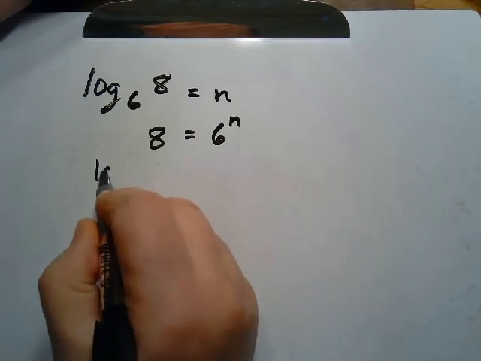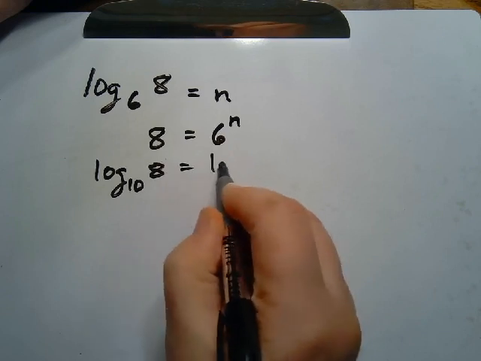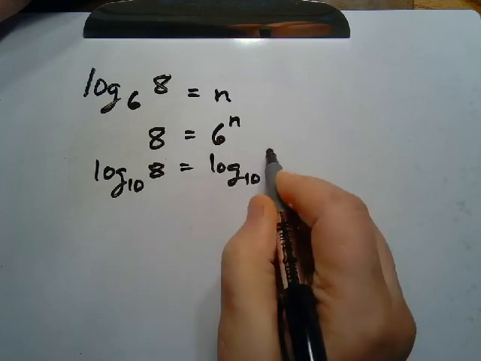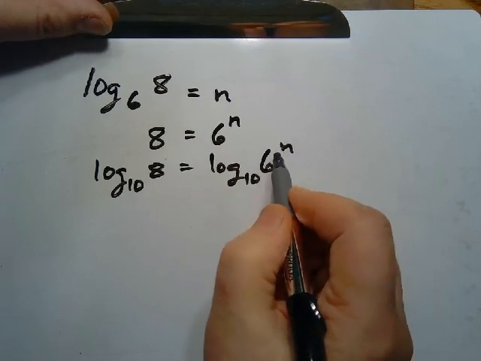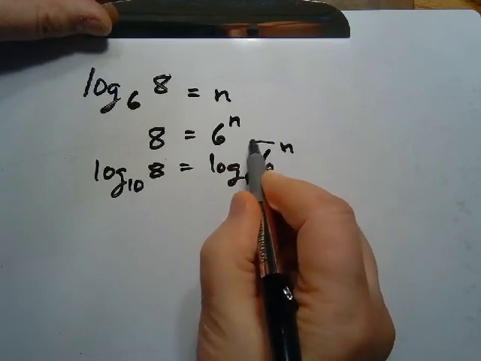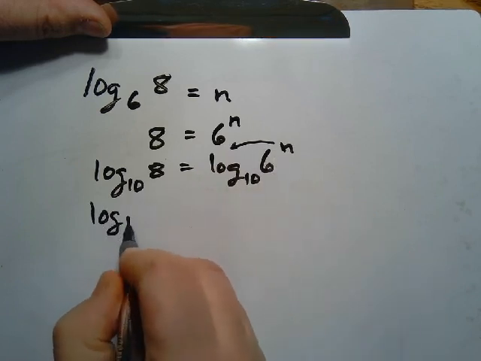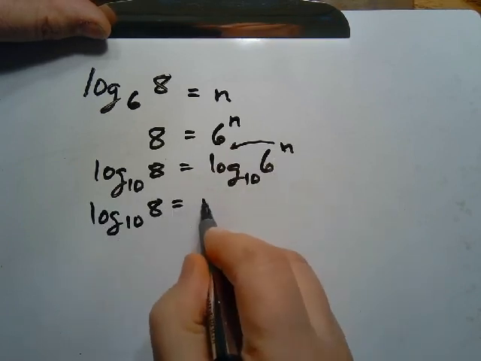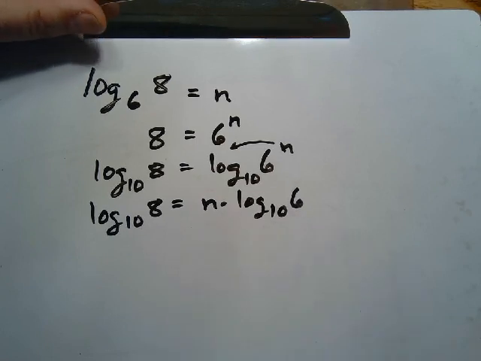We're going to take the log base 10, I'm writing the 10 here, of both sides. Log base 10 of both sides. And then using the properties of logarithms, the power property, we're going to move that around to the front and multiply. So log base 10 of 8 equals n times log base 10 of 6.